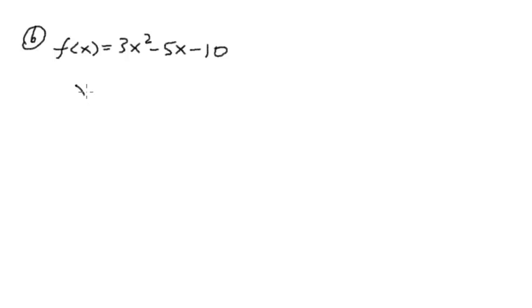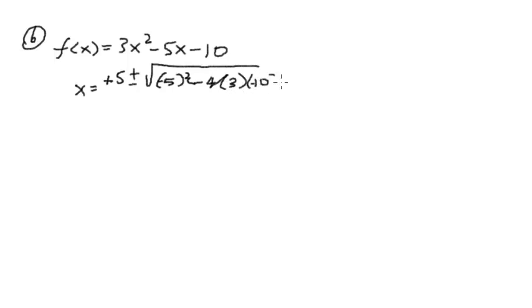So that will give me negative b, which is a negative of a negative 5, plus or minus the square root of b squared minus 4 times a times c, all over 2 times a.